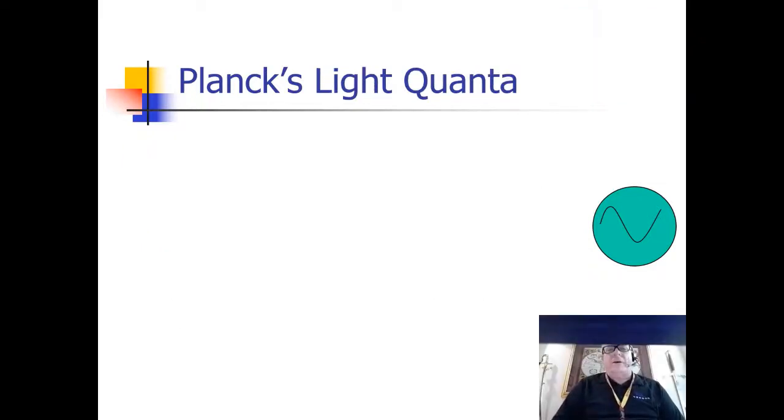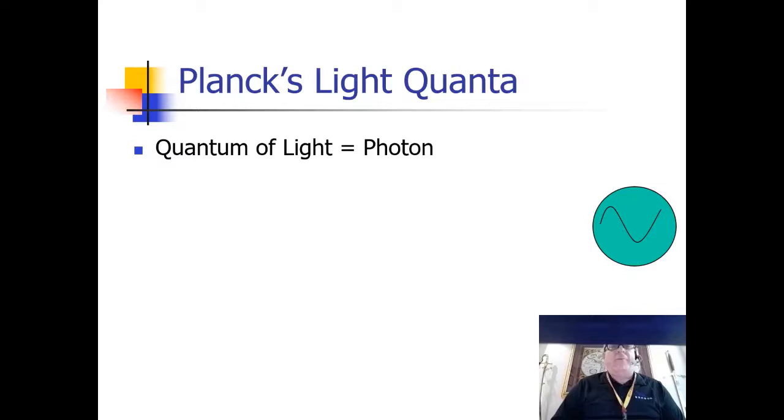What Max Planck called the quantum of light, we call a photon. Planck wasn't suggesting that light acted like a particle, just that it got emitted from blackbody radiation in that manner. But we now consider light to have a particle nature, and so we give it a particle name, the photon.